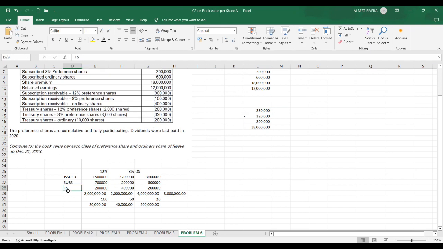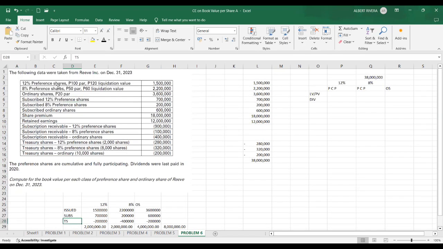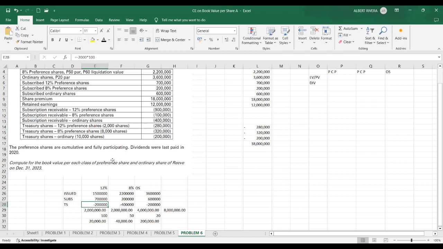This should be at par, I mean. This should always be at par. For treasury shares, 2,000 times the par value of that security, which is 100. So this is 2 million. Okay? So this is 1.5. The 700,000 minus 200,000, this is 200 pala. So this is 2 million.